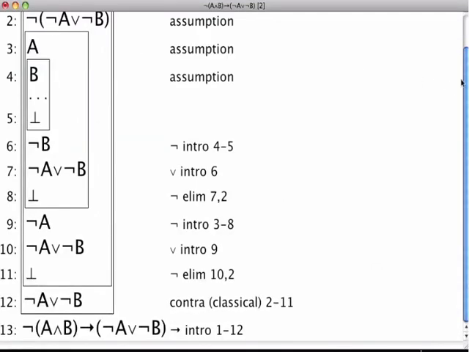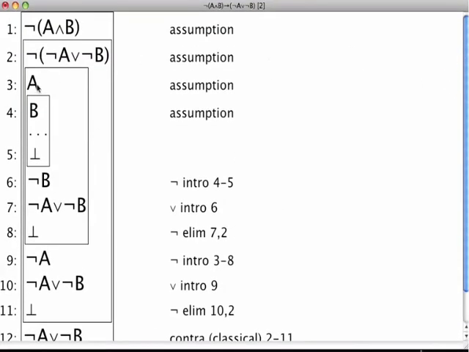So far so good. And then we have this one, this one and this one, and we do an AND intro. Okay, let's do it in a different way then.